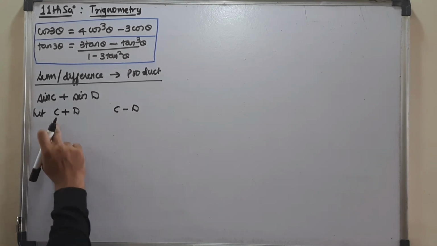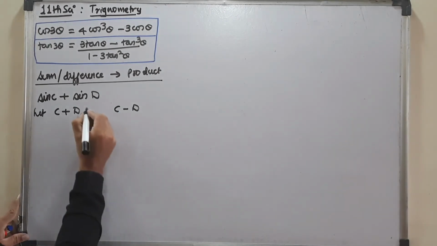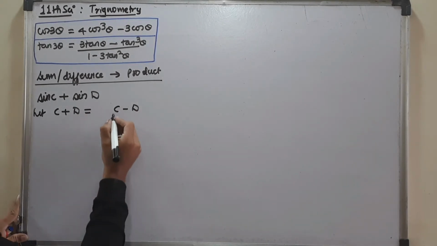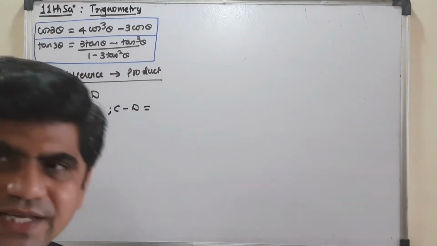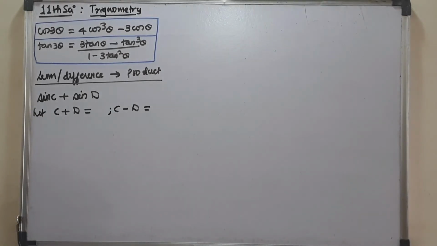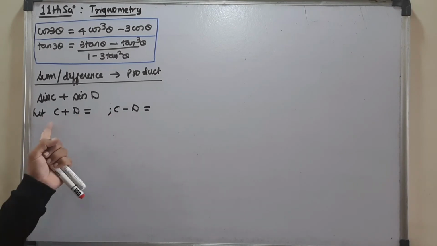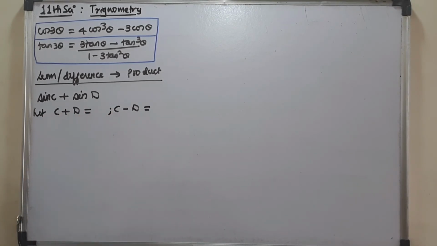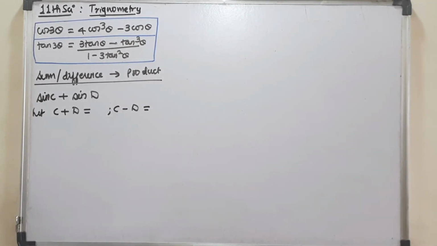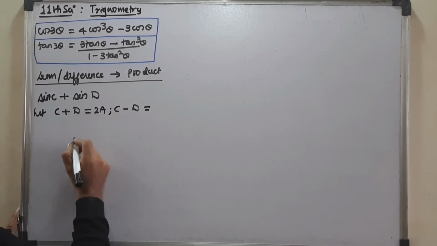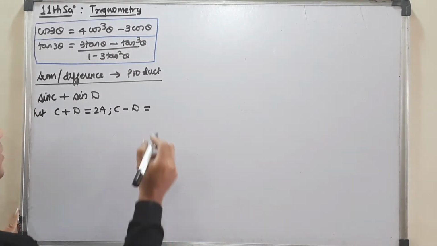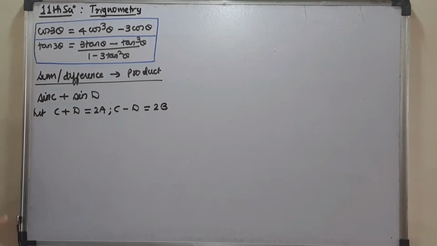So C and D if I add, I will get some value, which I am not saying right now, and C minus D also has some value which I don't know. Now I will decide what to do. See here, if I add, I get 2C, that is double of something, so we call it 2A. And when you subtract we get 2D, so we call it 2B.